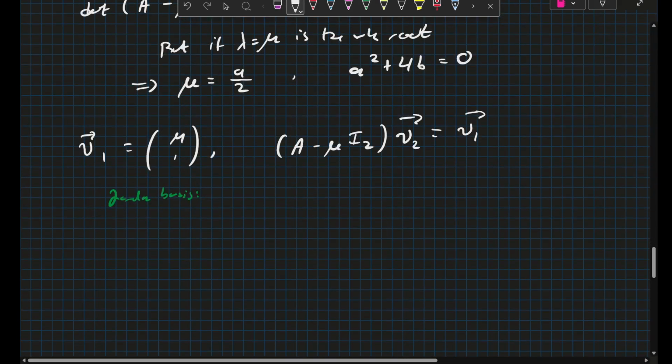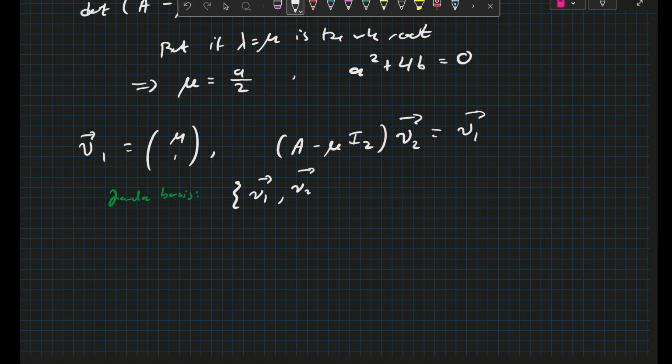Now this Jordan basis, made up of these vectors v1 and v2, is such that we get the following.